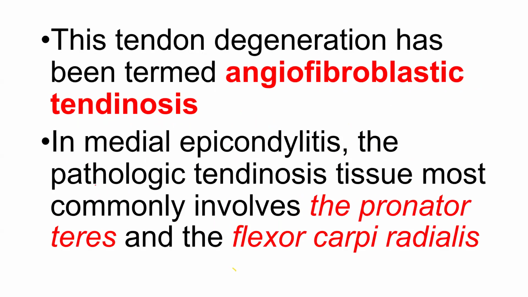This tendon degeneration has been termed angiofibroblastic tendinosis. In medial epicondylitis, the pathologic tendinosis tissue most commonly involves the pronator teres and the flexor carpi radialis.